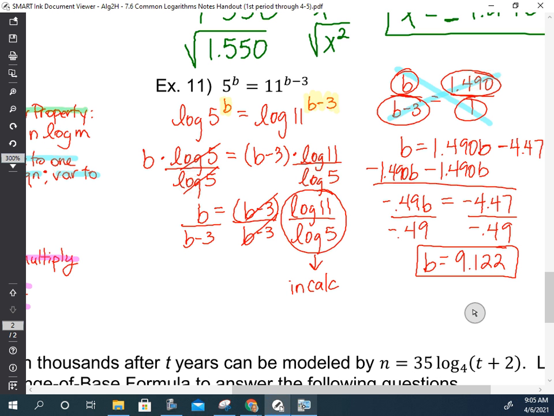So again, the main mistake that could be made, and will probably be made, is rounding more than anything else. But as long as you're using the properties the right way, there aren't too many places to make a mistake. Any questions on example 11 or any place where you saw yourself getting stuck?